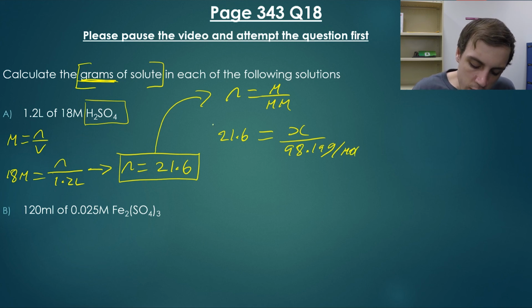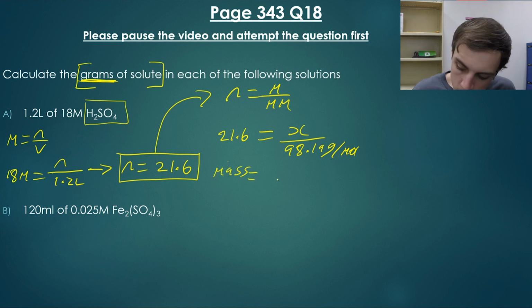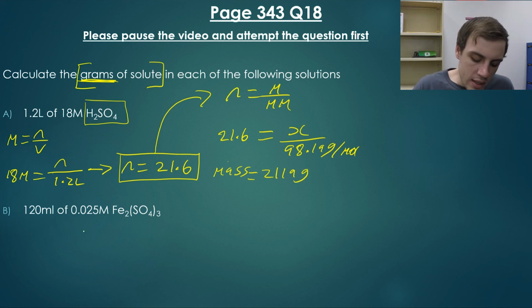So again, we rearrange this up here. So 98.19 times 21.6, and that's going to give us a total mass of 2,119 grams. So let us look at the next one now.